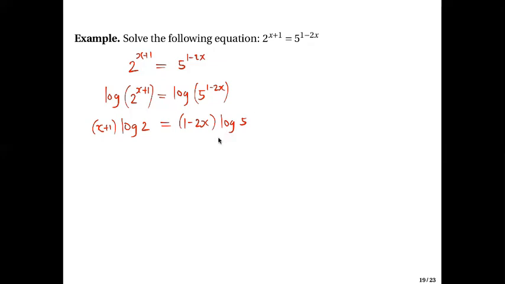So, what's next? We just distribute this log 2 to each of x and 1 here. We also distribute this log 5 to this parenthesis here. So we have log 2 times x. So x times log 2, it's the same thing. You can do that. And then you have 1 times log 2. So you just have plus log 2.